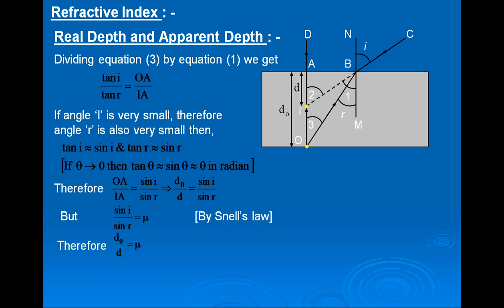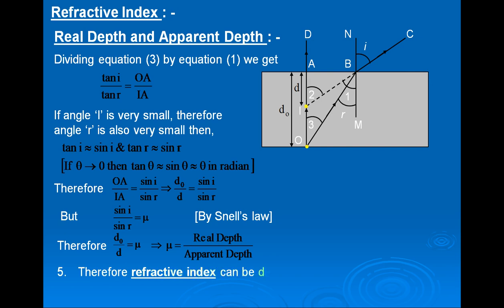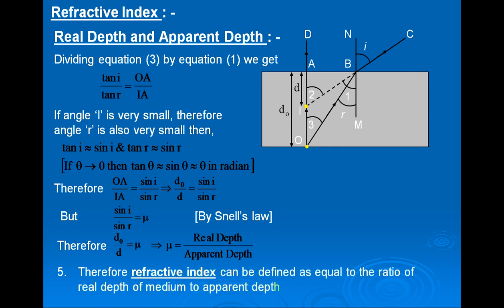Therefore, d naught upon d is equal to mu, which implies mu is equal to real depth upon apparent depth. Therefore, the fifth definition of refractive index is: the refractive index can be defined as the ratio of real depth of a medium to apparent depth.